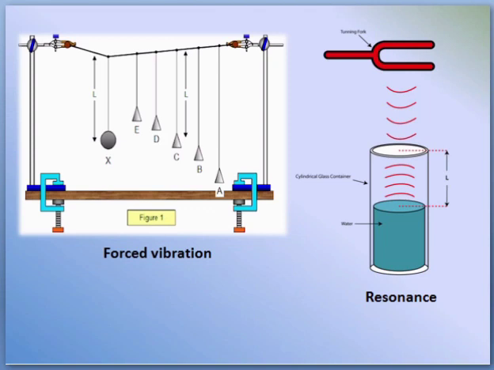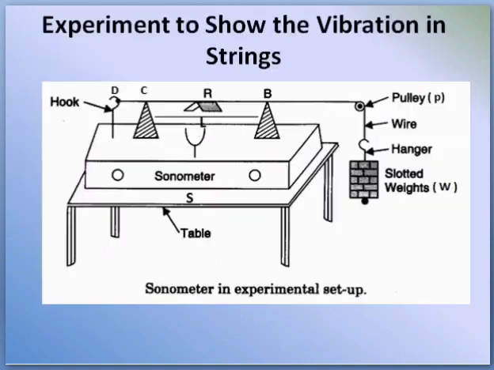So, when X is set into oscillation, after some time, it is observed that all the pendulums are also set into oscillation with small swinging, with the exception of C. Based on this, we say that C has been set into a resonant vibration by X, or a resonance has occurred, since C has the same length as X.